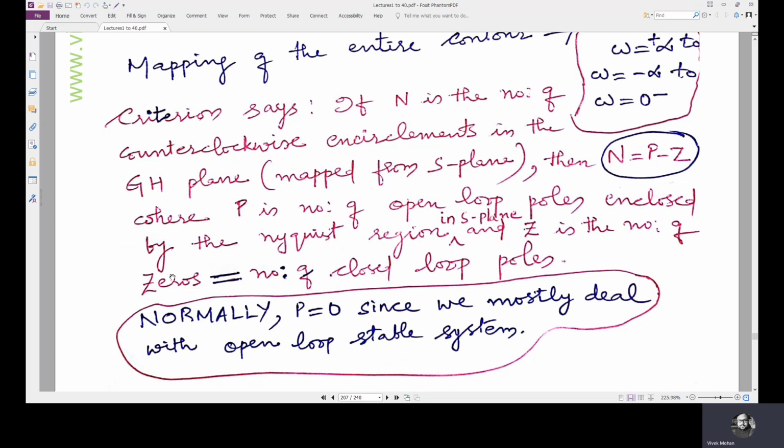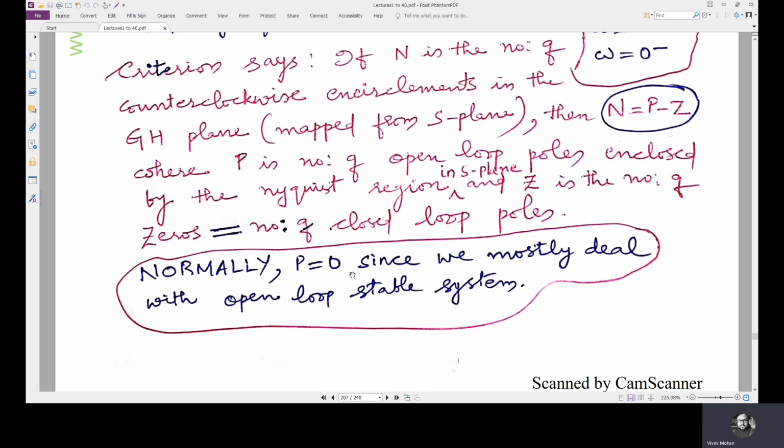Number of zeros in the sense which is equal to the number of closed loop poles, right? Normally P equals 0, since we mostly deal with open loop stable systems. We know that for an open loop stable system P is 0. There are no right half plane poles in the open loop transfer function.